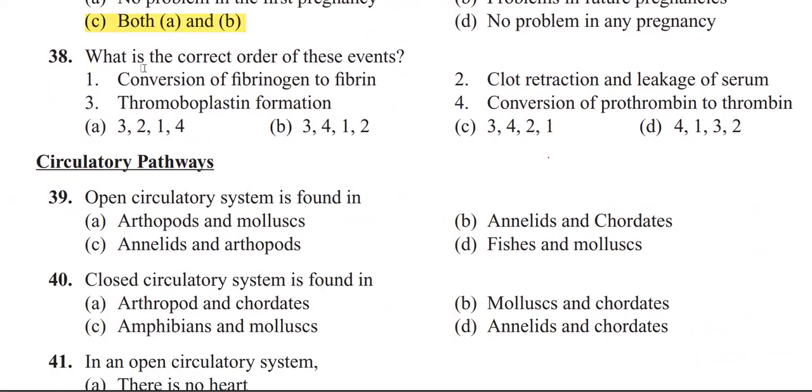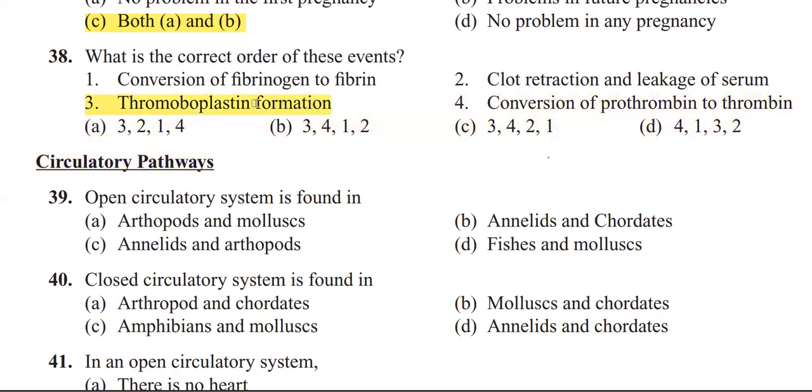What is the correct order of these events? Conversion of fibrinogen to fibrin, clot retraction and leakage of serum, thromboplastin formation, conversion of prothrombin to thrombin. The first step here is thromboplastin formation.